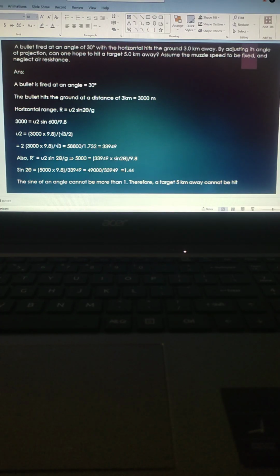The horizontal range R is equal to U squared sin 2 theta whole divided by g. So they are given R equal to 3000, that is equal to U squared sin 60 whole divided by 9.8.